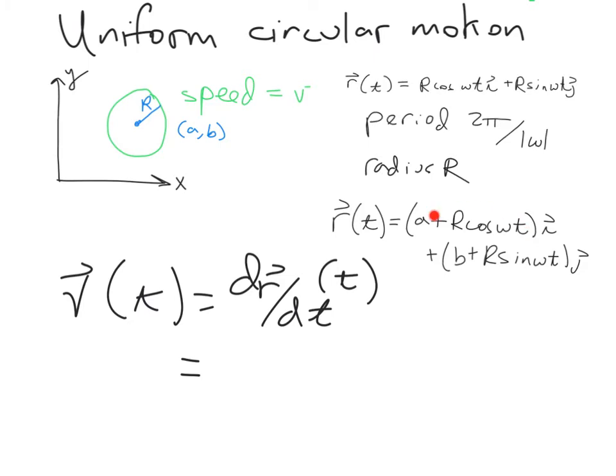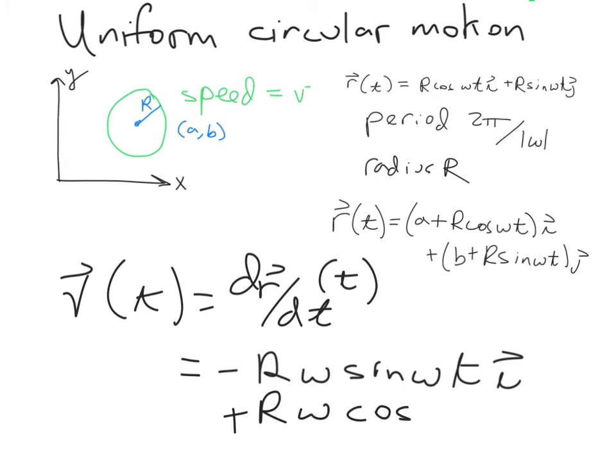The derivative of r cosine omega t with respect to time: the r is a constant, the derivative of cosine is negative sine, the omega comes out from the chain rule, so we have negative r omega sine omega t i. The derivative of b is just 0, and of r sine omega t, we'll get plus r omega cosine omega t j.